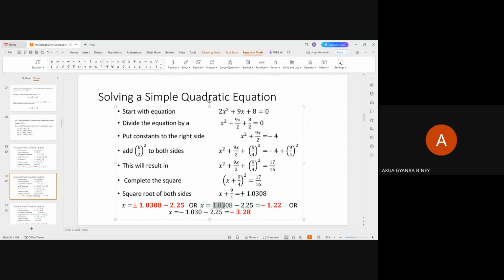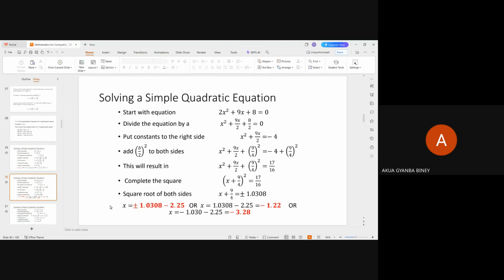The 9 over 4 is 2.25. So it's either you have this or you have this. And if you leave it like this, it is fine. If you leave it like that too, it is okay.